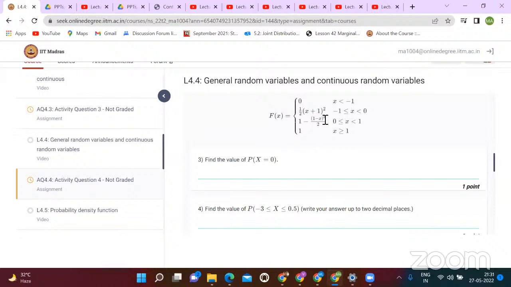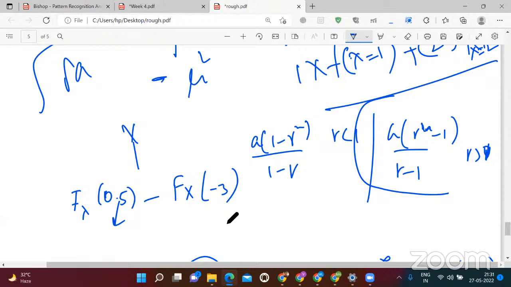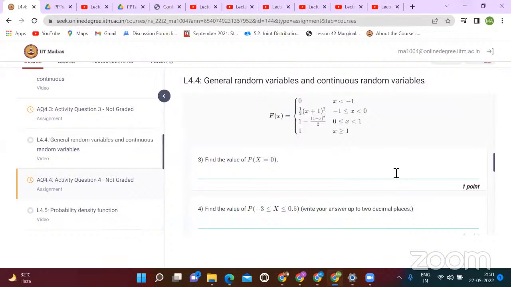So till 0.5, see the CDF value and subtract the CDF value at minus 3. You can simply write this as F of X at 0.5 minus F of X at minus 3. You can get this from whatever function has been given. Just do the subtraction.